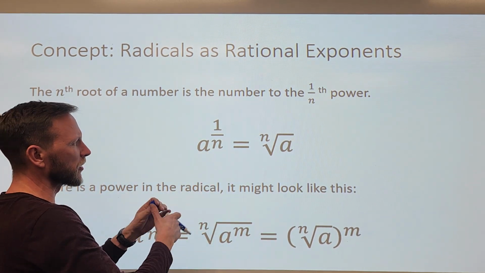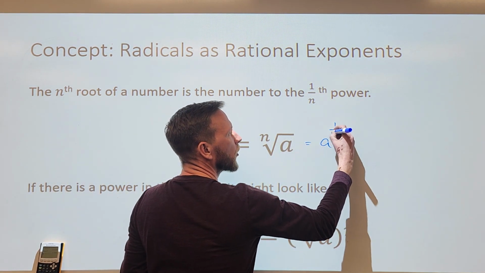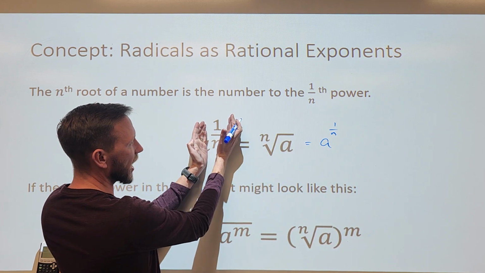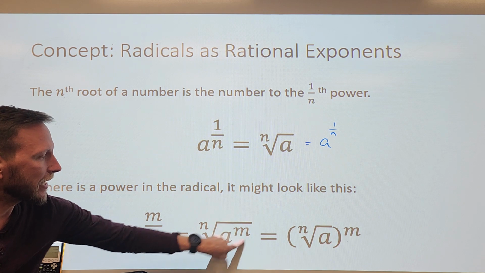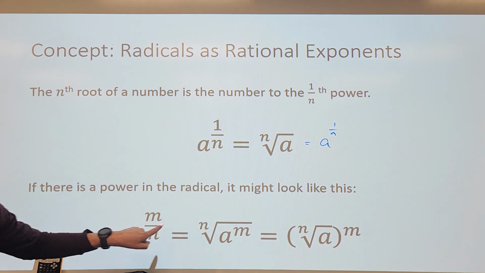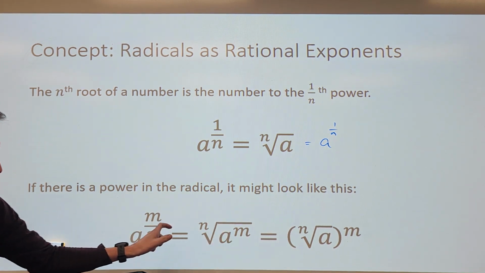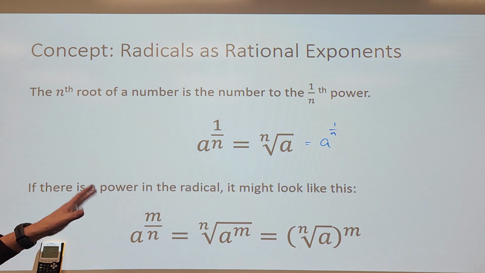Maybe the font here is a little bit funny, but what this should say is a to the 1 over n is the exponent, all right? So 1 over n is just the exponent to this base. If you have an exponent in the radical, then we can write that as a to the m, but then over nth power.